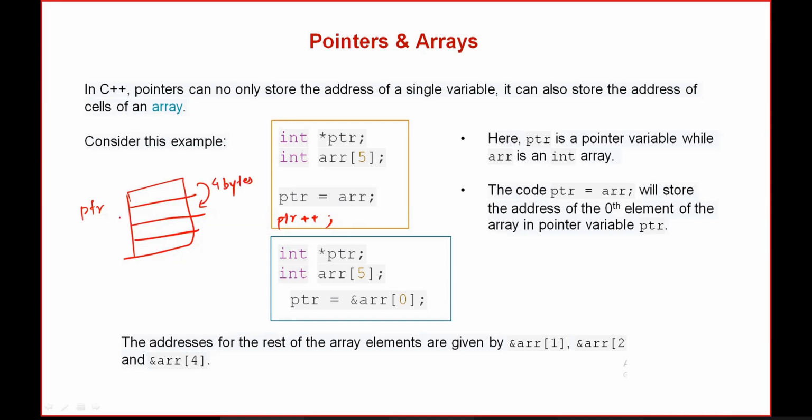So when we say ptr plus plus, instead of pointing here, it will point at the next 4 bytes of block. And then we will be able to access. Now if after incrementing, we try to display the contents present at ptr, we'll get the contents of first element.